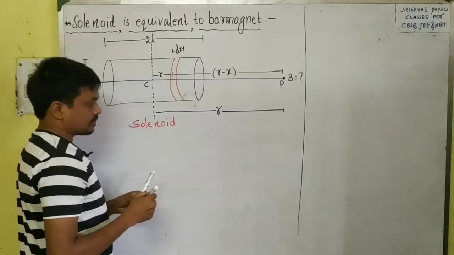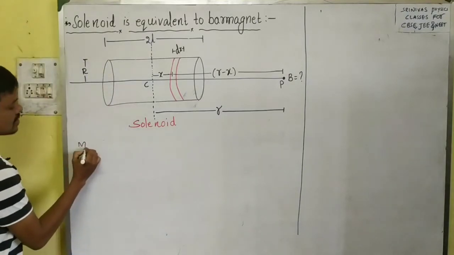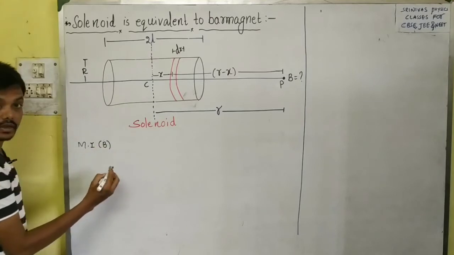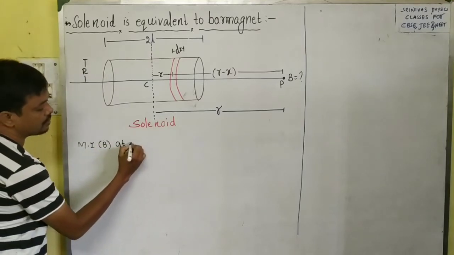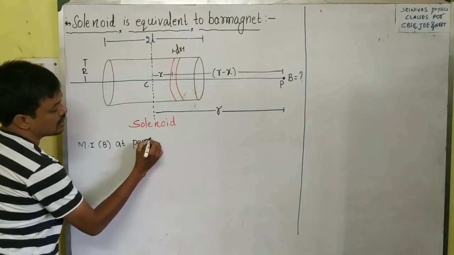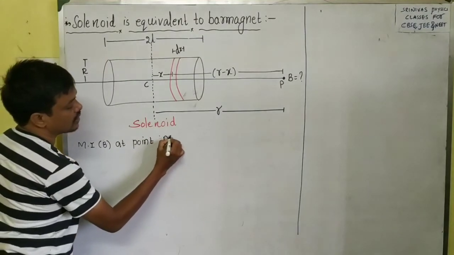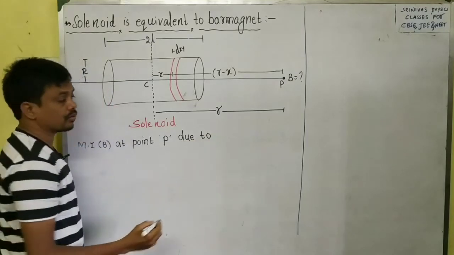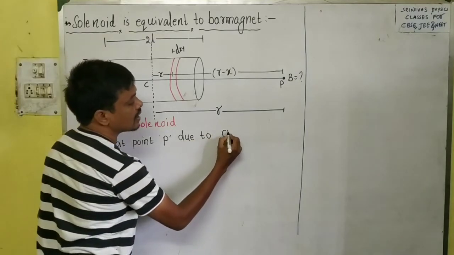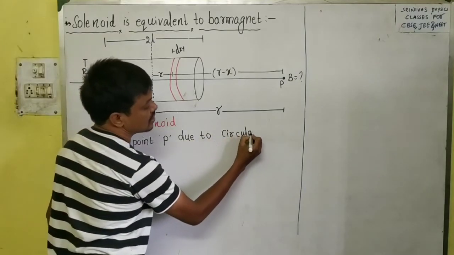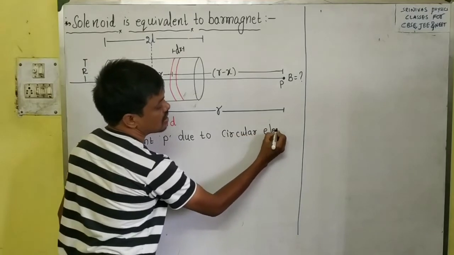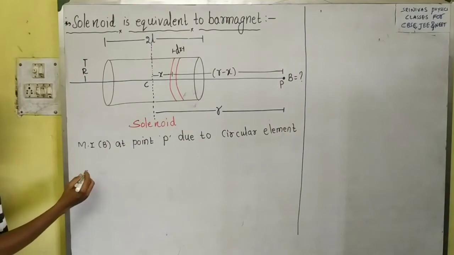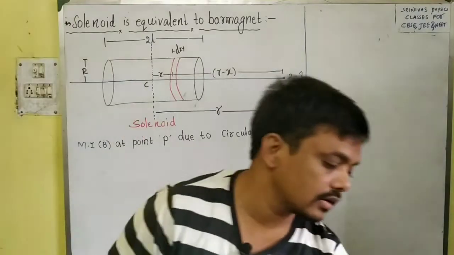For that, magnetic induction B at point P due to a circular small element.